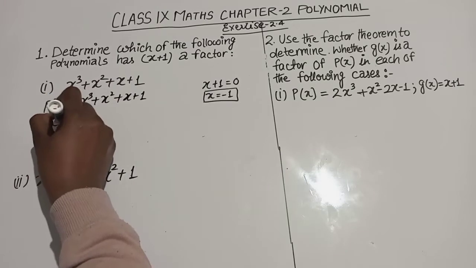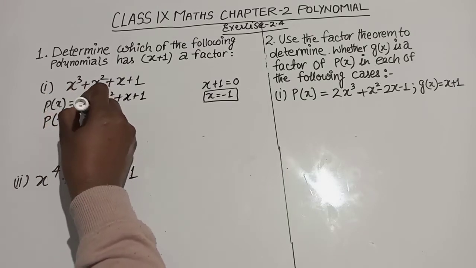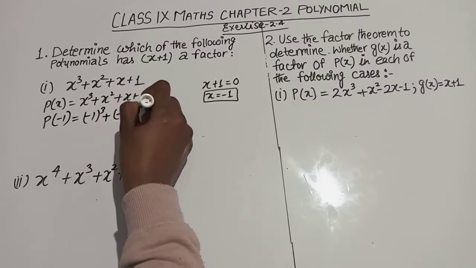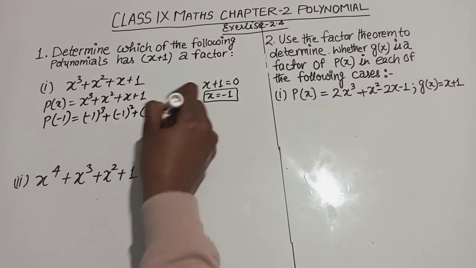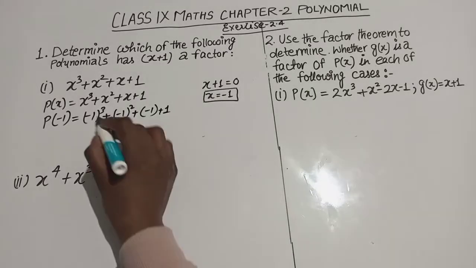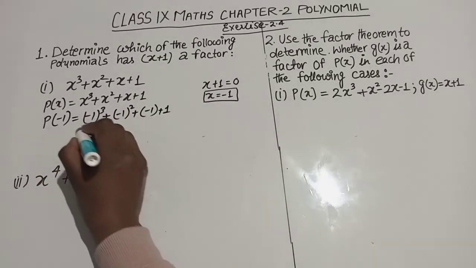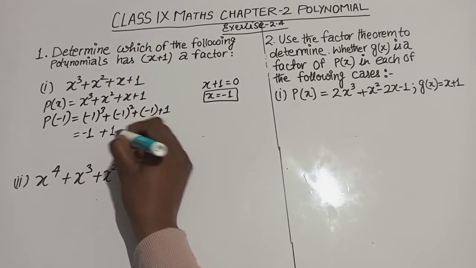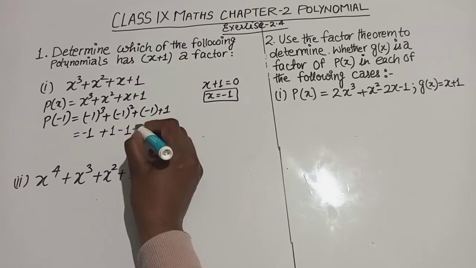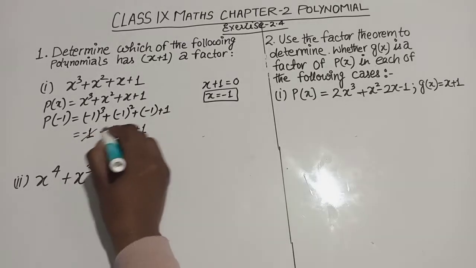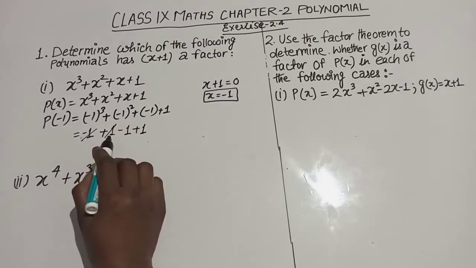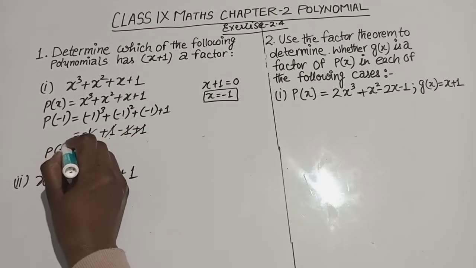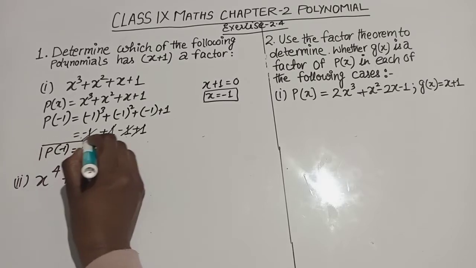So p(minus 1) is equal to minus 1 cube plus minus 1 square plus minus 1 plus 1. The cube of minus 1 is minus 1, the square of minus 1 is plus 1, plus minus 1, plus 1. So minus 1 cancels out plus 1, minus 1 cancels out plus 1. It means at minus 1 the whole polynomial is 0.